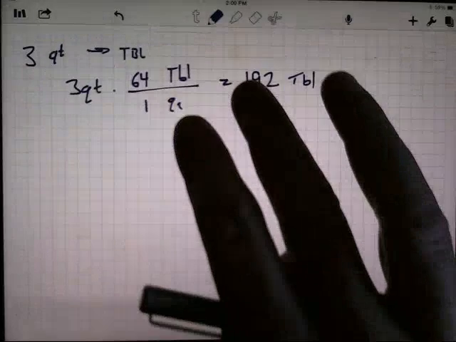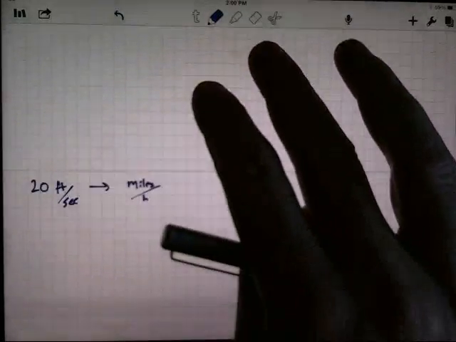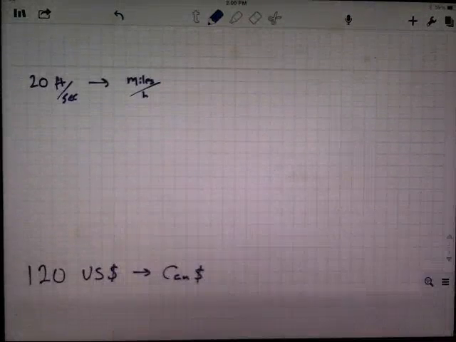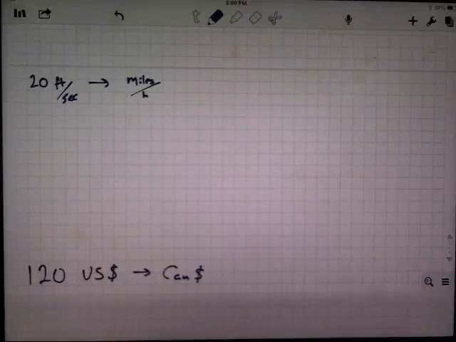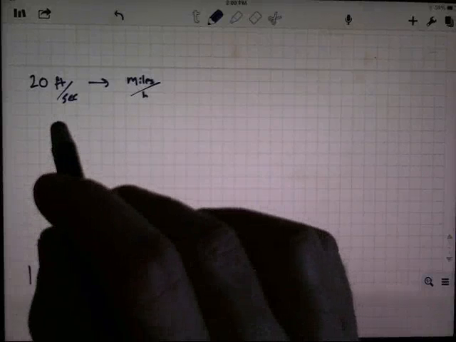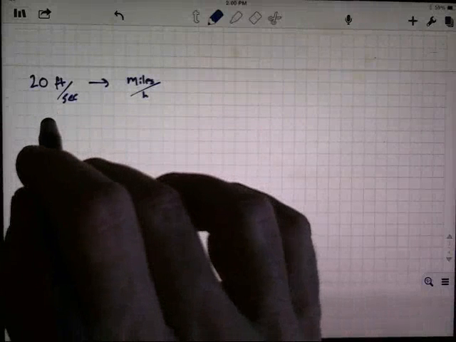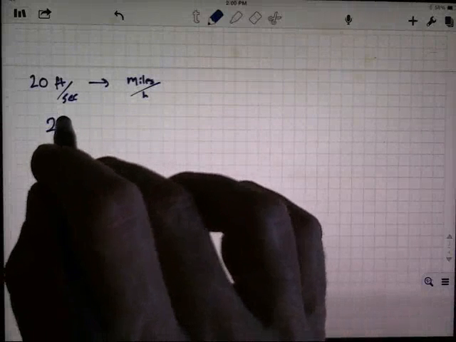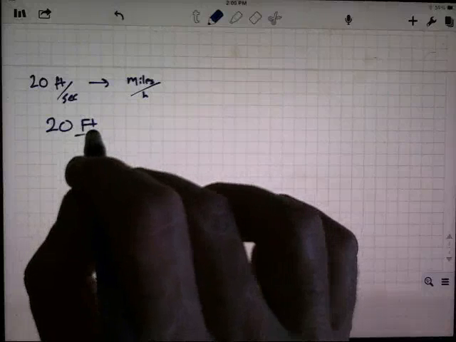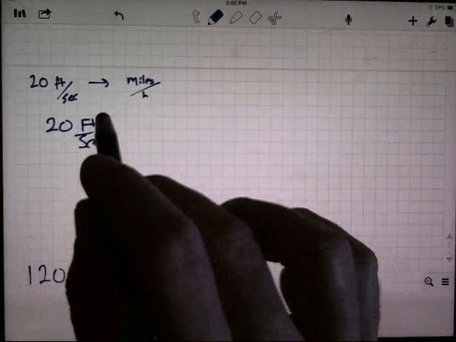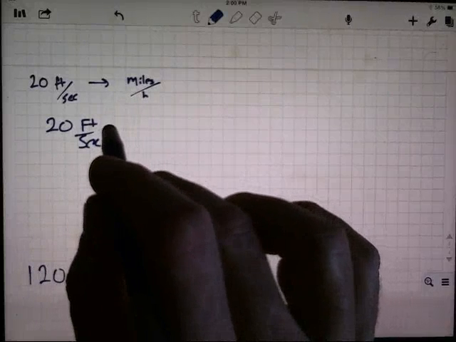Okay. How about, here's one down here, 20 feet per second into miles per hour. I think we did it the other way around in a previous video, but here we go. We start with 20 feet per second. Let's convert feet to miles. So I want the feet on the bottom.